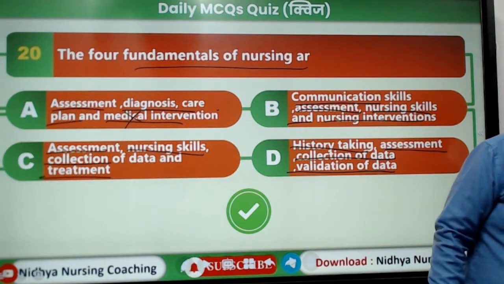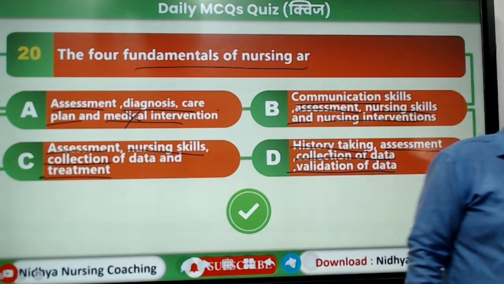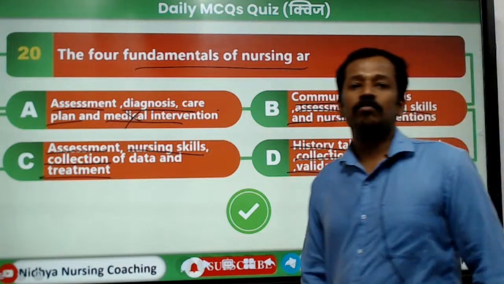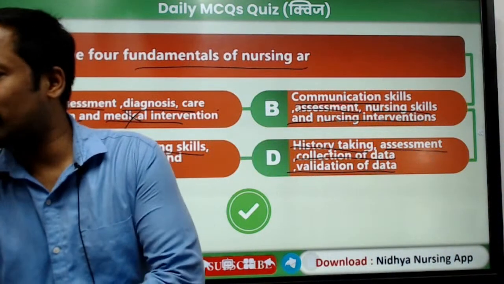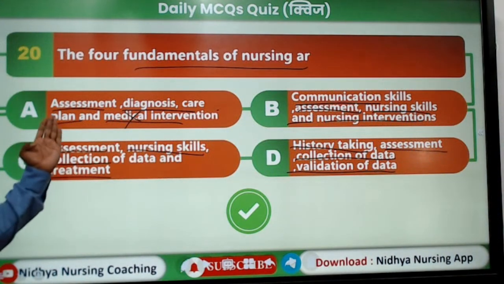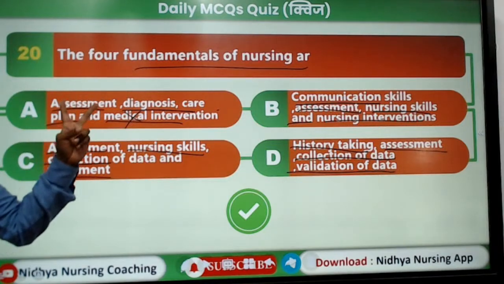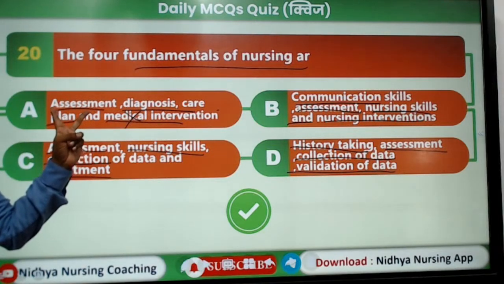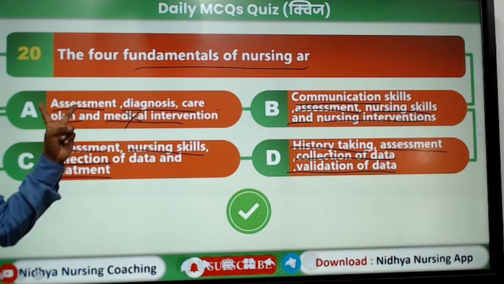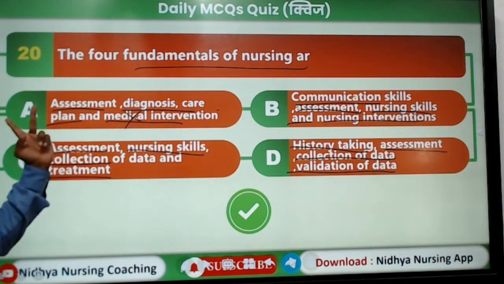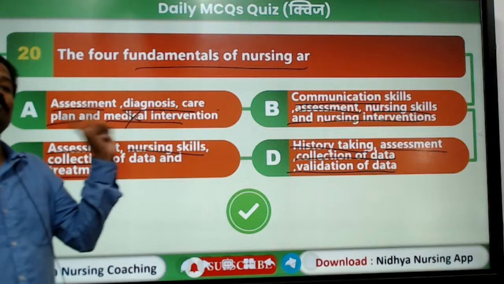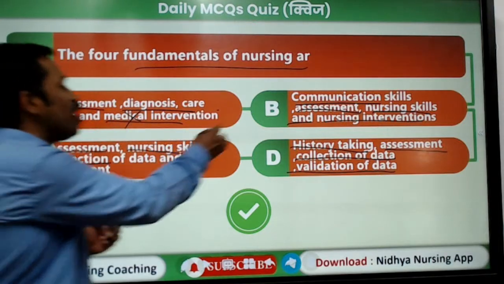So what is the right option? A or B? A. Are you sure? B. Why B? Tell me why A, why B.